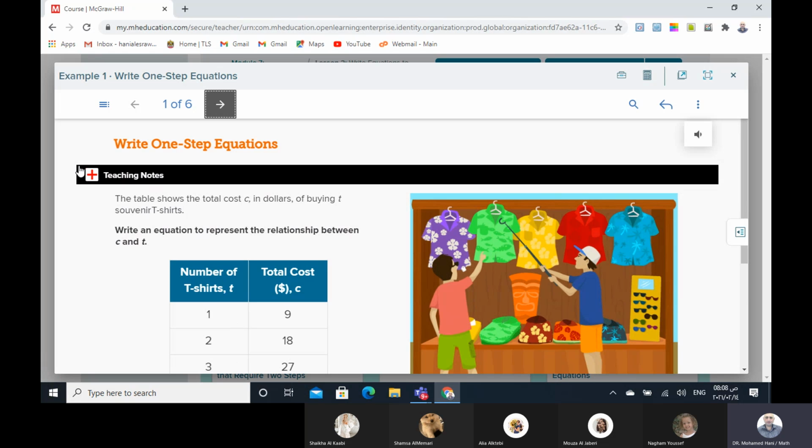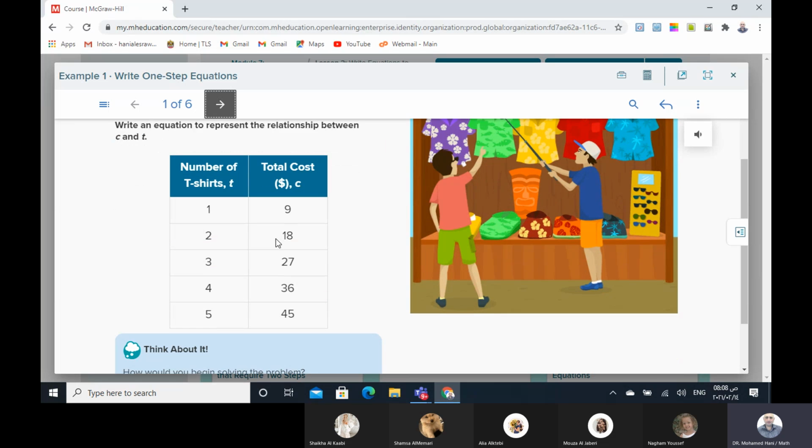So now we want to learn how to write one-step equations. The table shows the total cost, C, the variable here, in dollars, of buying souvenir T-shirts. Write an equation to represent the relationship between C and T. So we have now this table.